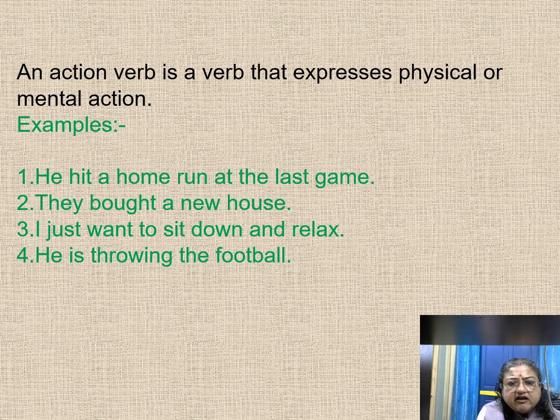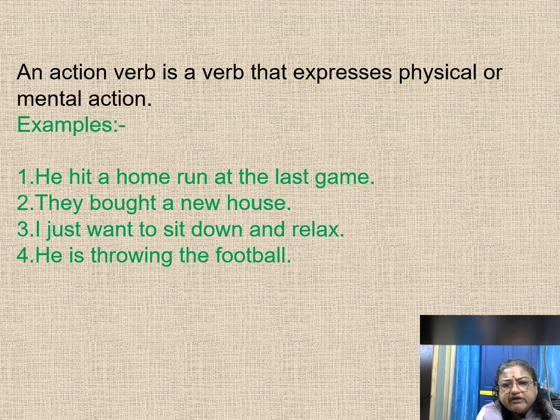Next, I'm touching a little bit on this in this video also. An action verb is a verb that expresses physical or mental action. Action doesn't always mean physical action, it can be mental action also. She hit a home run at the last game. They bought a new house. I just want to sit down and relax. He is throwing the ball.